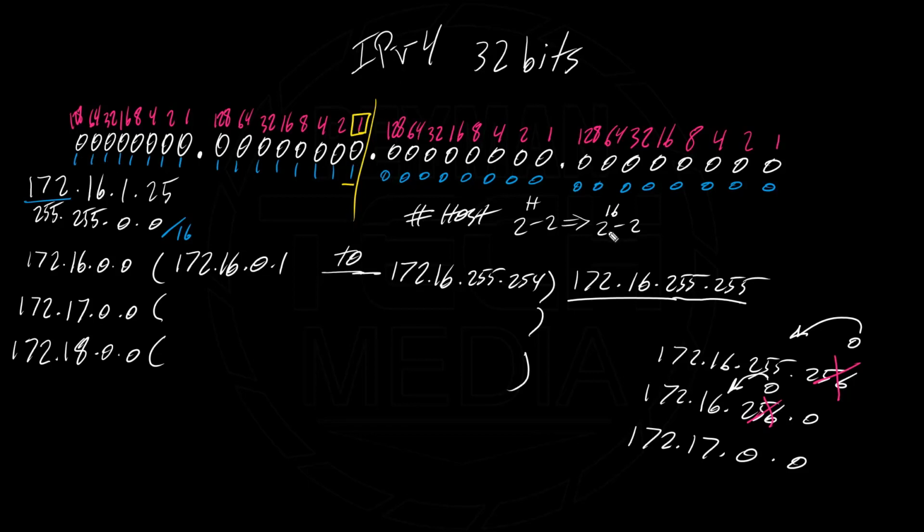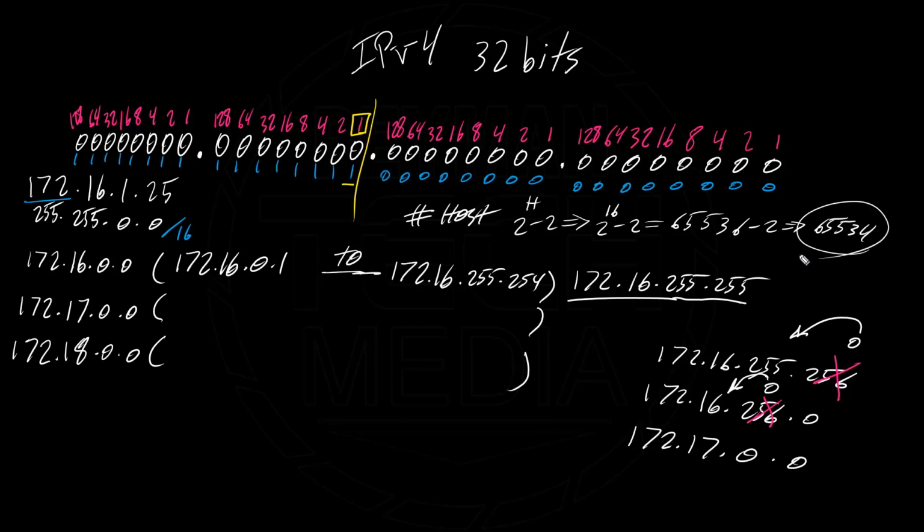This is our cut line. So 2 to the power of 16, these are the host bits. Zeros, host bits, ones, network bits. Okay, so 2 to the power of 16 minus 2 equals, first let's take a look, 2 to the power of 16 is 65,536, minus 2, it is 65,534.